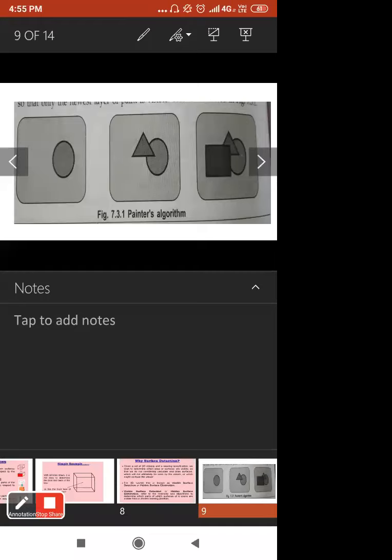Likewise, in this diagram you can see that the circle is far from the viewer's point of view, meaning it is a back face, and the triangle is over that circle. Then the square is nearer to the viewer's point.